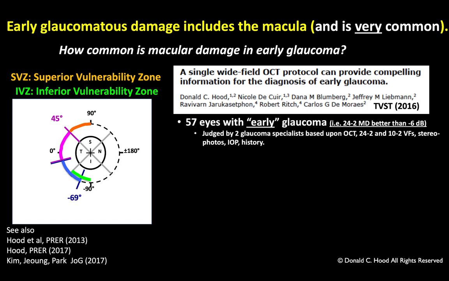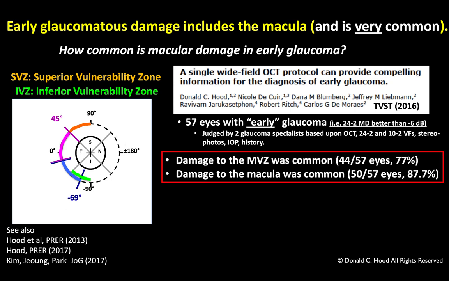So how common? Here's a study we did a couple of years ago in which we had 57 eyes with early glaucoma. Here I'm defining early glaucoma in the traditional way based on visual fields: a 24-2 mean deviation better than -6 dB. We gave glaucoma specialists all the information we had, and they judged whether these eyes had glaucoma or not. 57 did.